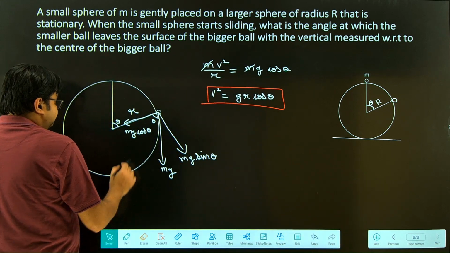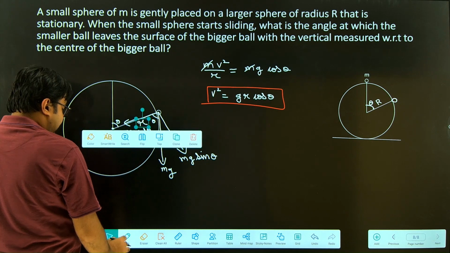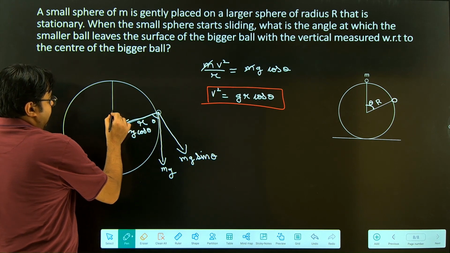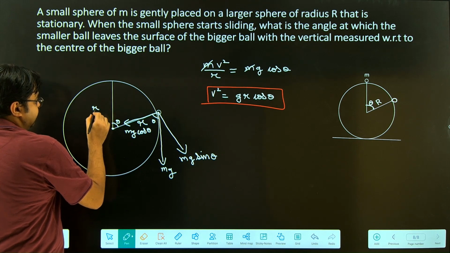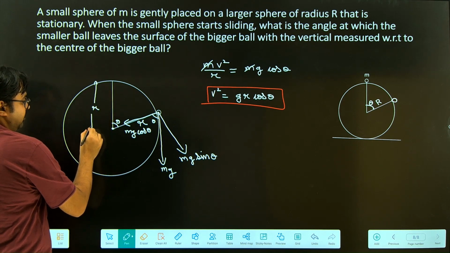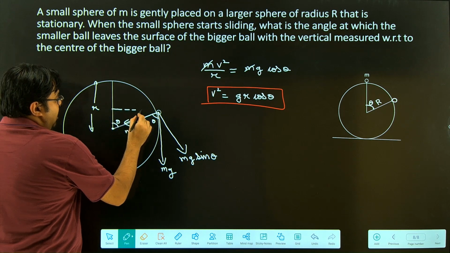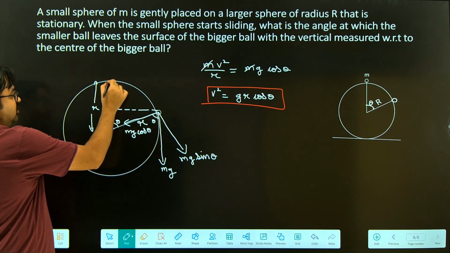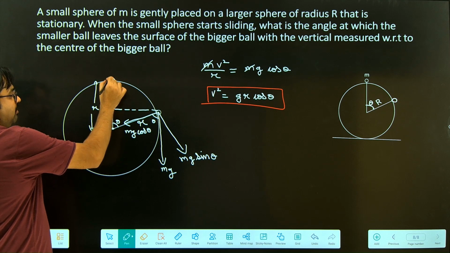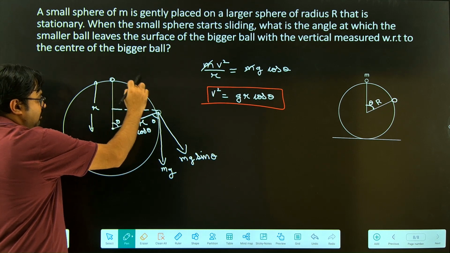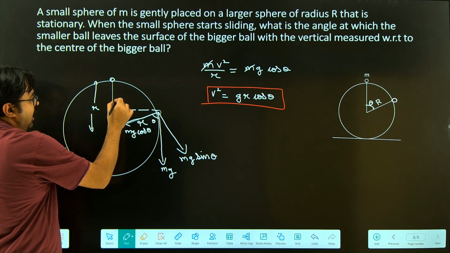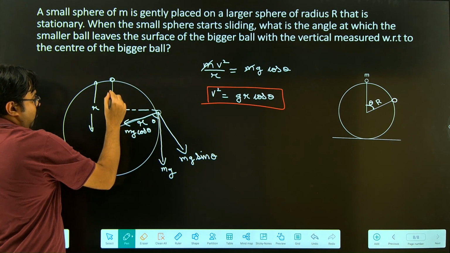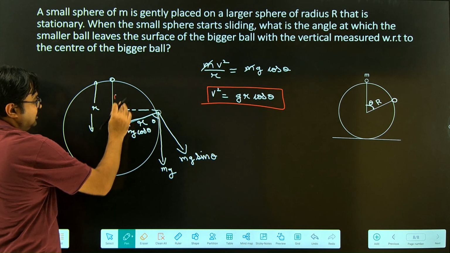Well, I have the radius to be r. The radius is r, all the way from there to there. But the bob has come down. The marble was here, and the marble comes down while it's here. It has come down a height r minus r cos theta. The reason is very simple.